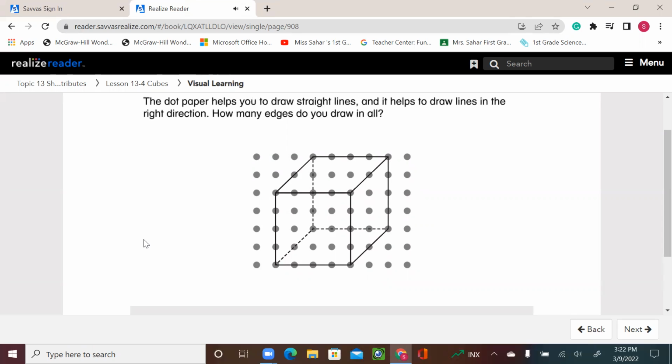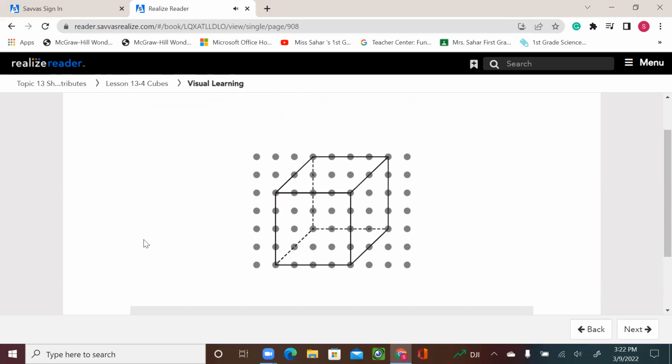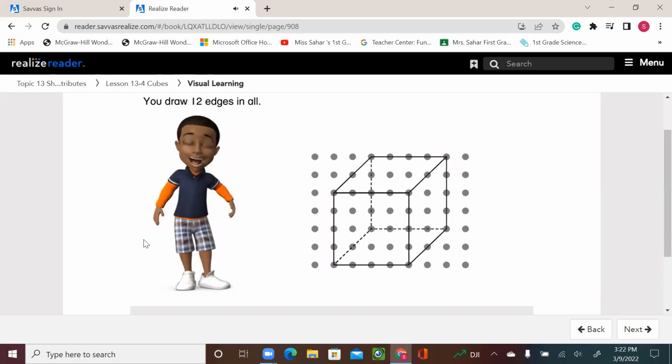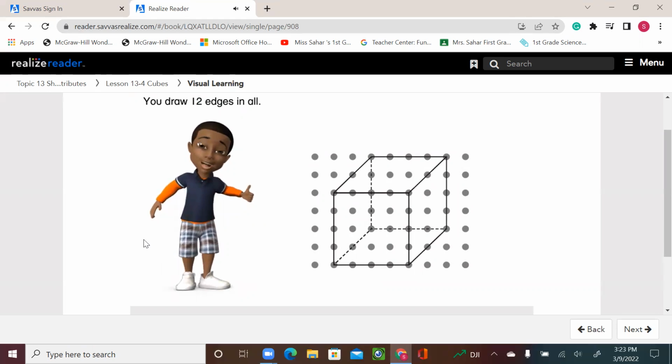The dot paper helps you to draw straight lines, and it helps to draw lines in the right direction. How many edges do you draw in all? You draw 12 edges in all. Now you know how to draw cubes and describe how they look.